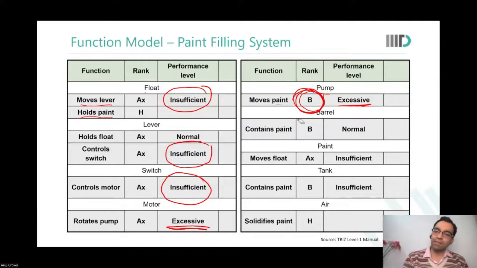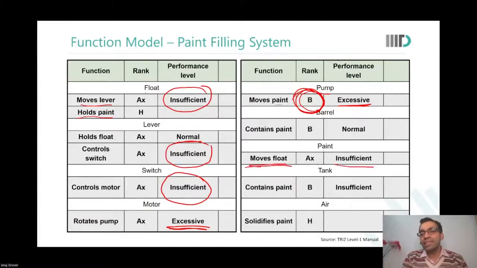Barrel contains the paint. It is containing it normally, no problem there. The paint is in touch with the float. You see, float was in touch with the paint, so float held the paint. The paint is in touch with the float, and as the level of the paint rises, it moves the float.